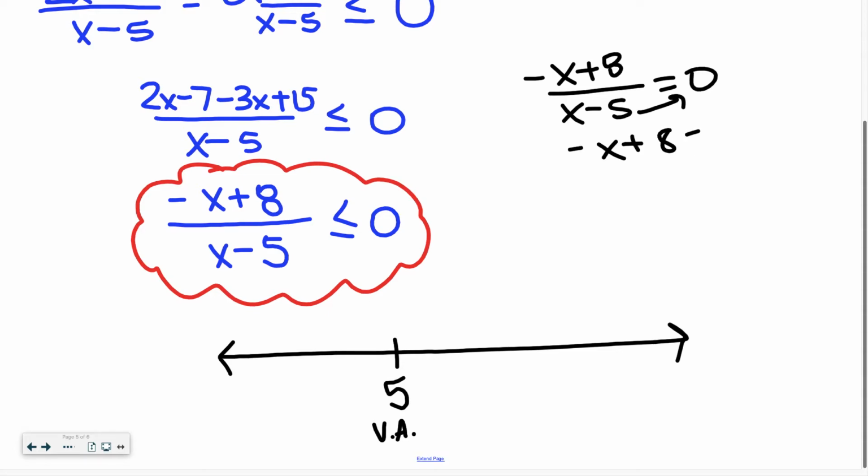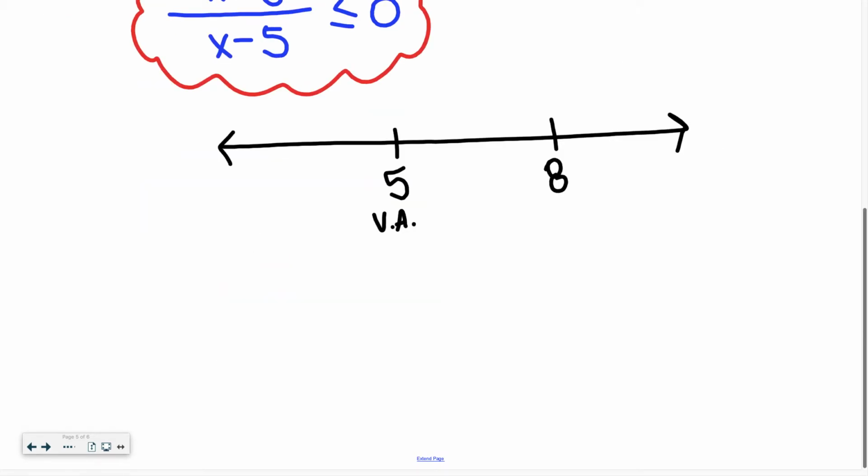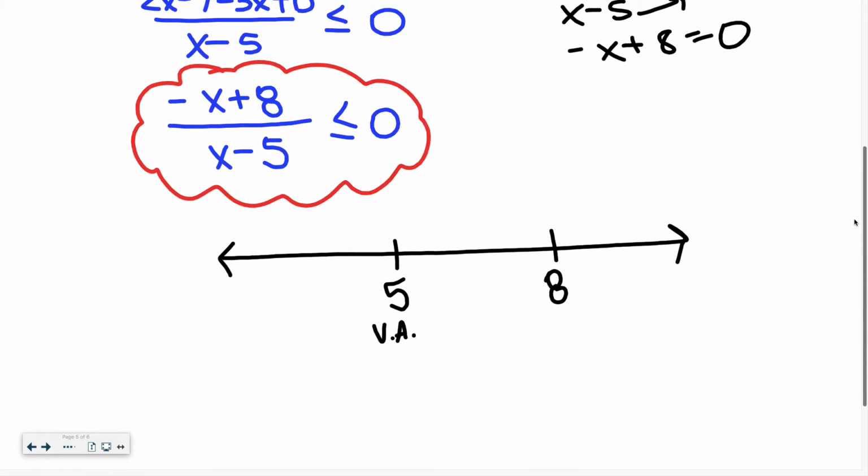Well, anything times 0 is 0. So when you're finding x-intercepts, it really only matters where your numerator is 0. And where does that occur? At 8. Okay, so your numerator set equal to 0 is your 0. And your denominator set equal to 0 is your vertical asymptote.